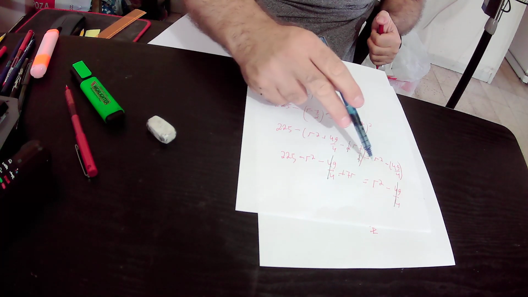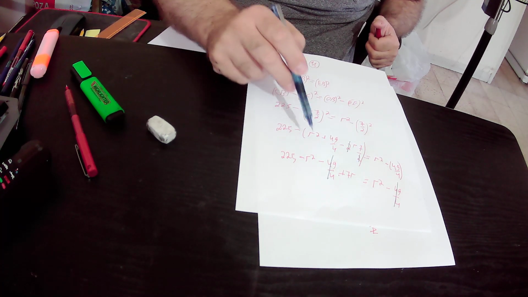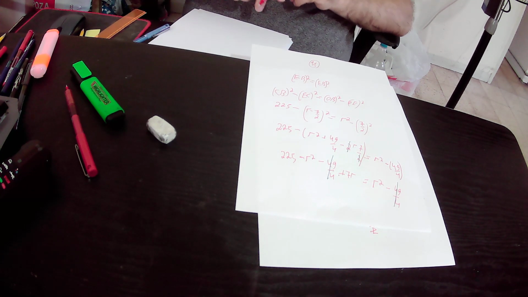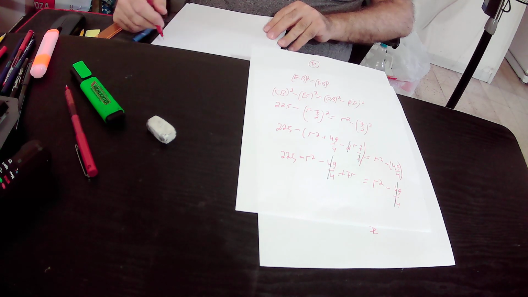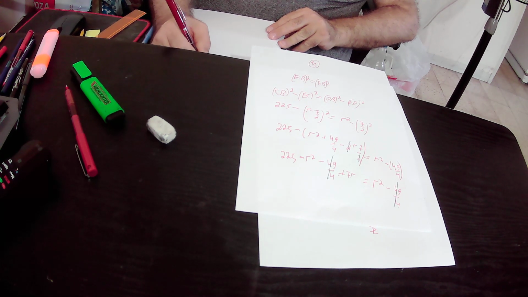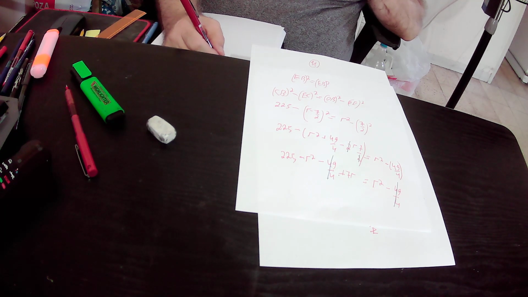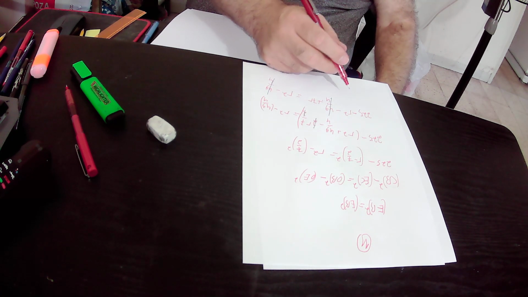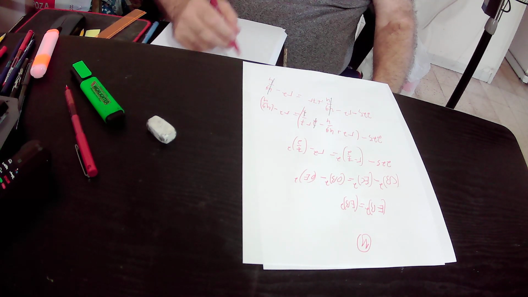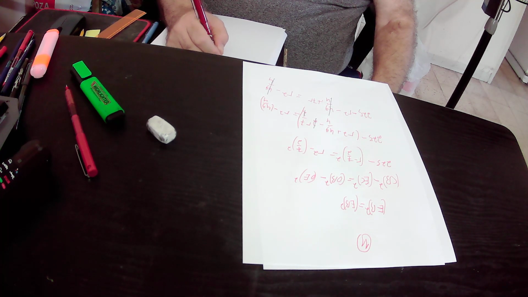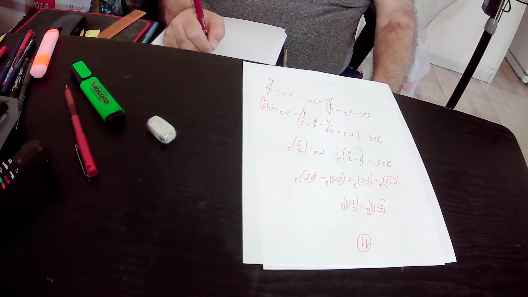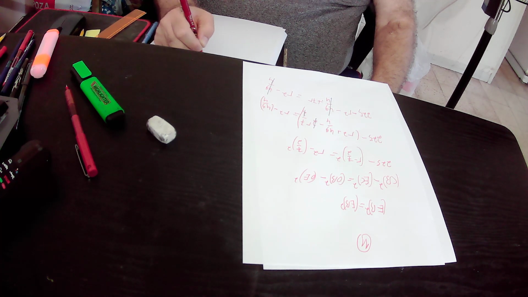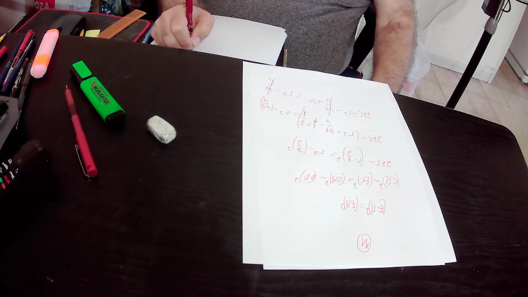And we will add r square to this equality, and we will get that r square minus r square plus r square is 0. So what is left here is 225 plus 7r equals 2 times r square.